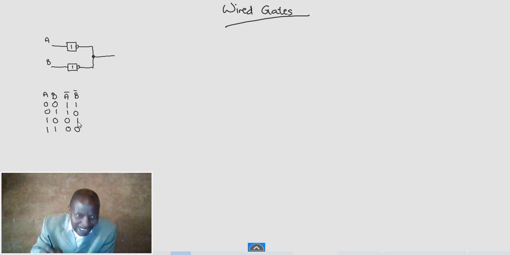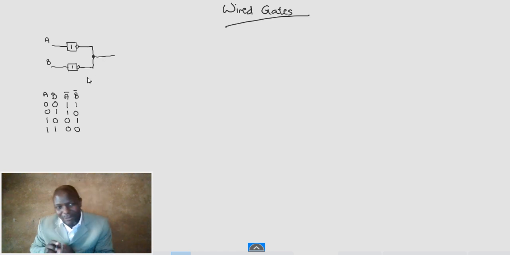So this is a gate whose output will be low if we have the OR state, but it's an OR for the low. If this one or that one is low, then the output is low. Unlike the previous OR gate that we're used to, where if any of them is high, the output is high.